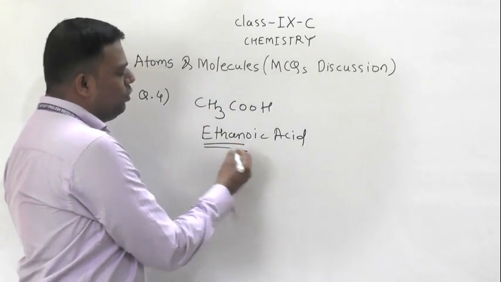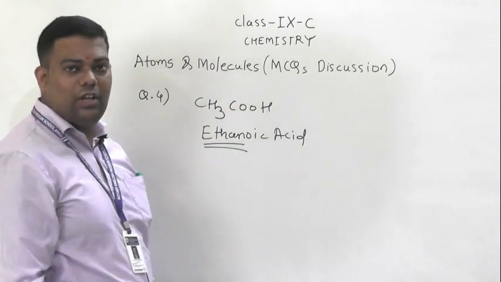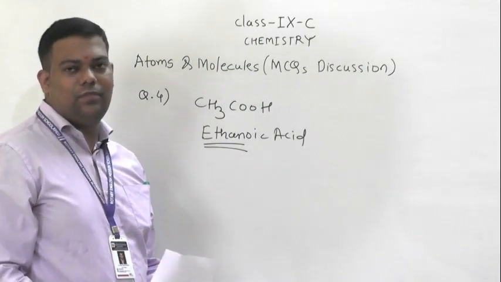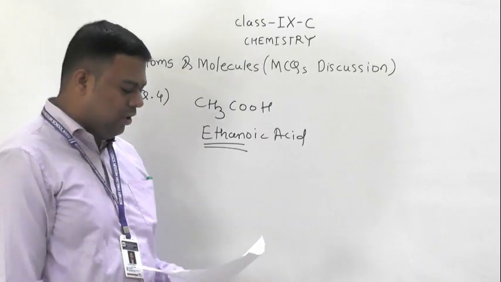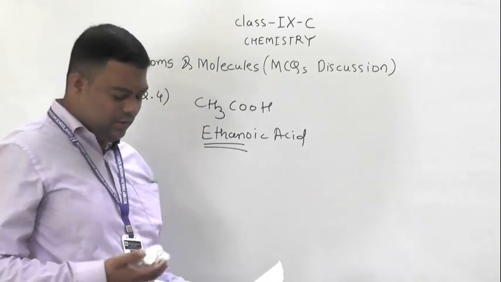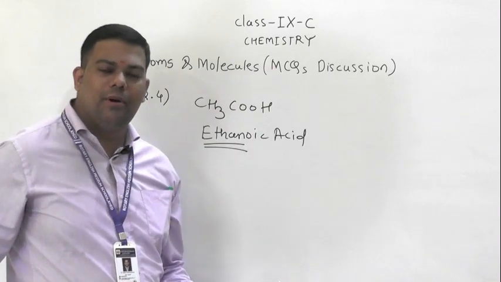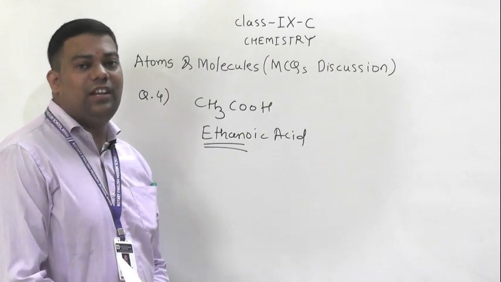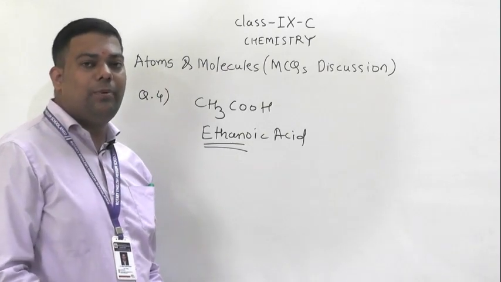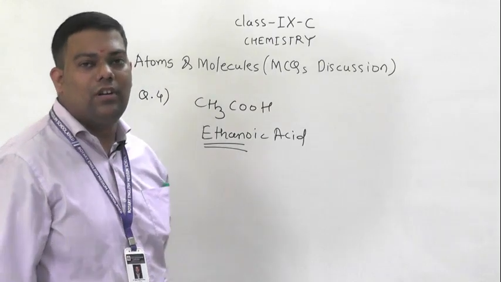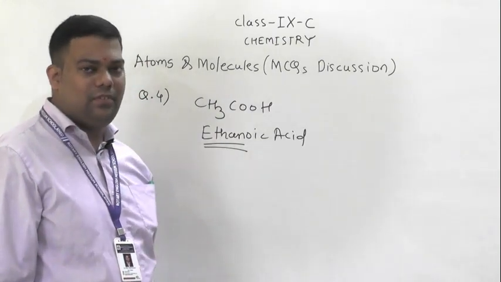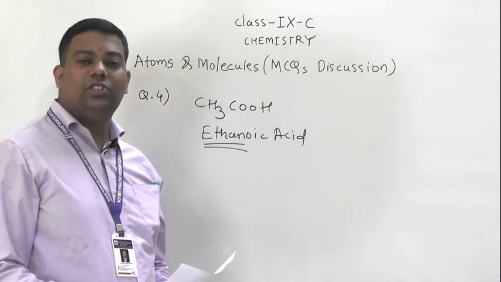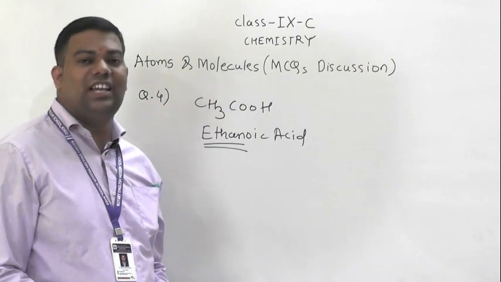Ethane means 2 carbon atoms, therefore it is ethanoic acid, the IUPAC name, and acetic acid is the common name. Understood? So these are the differences between IUPAC name and common name. We are going to discuss them briefly in the topic carbon and its compounds. So see here, how many moles of oxygen atoms are present in 1 mole of acetic acid?